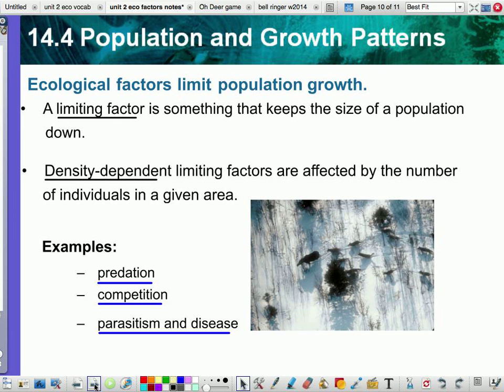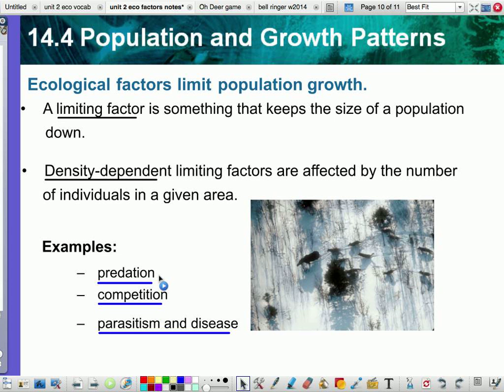The last thing we need to talk about is population density dependent and density independent limiting factors. Populations are capped or limited, and it falls into two categories. A density dependent limiting factor is happening within the population and to the population directly from within that population.